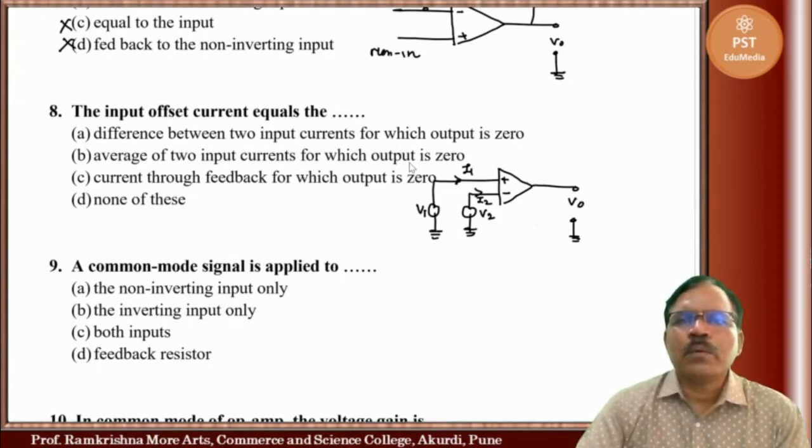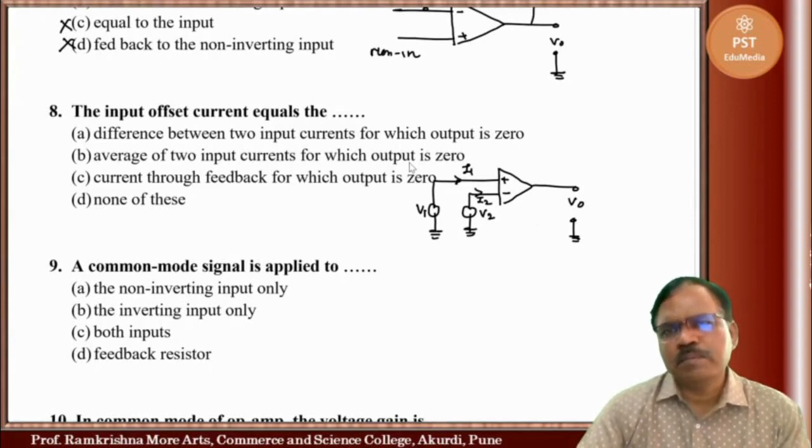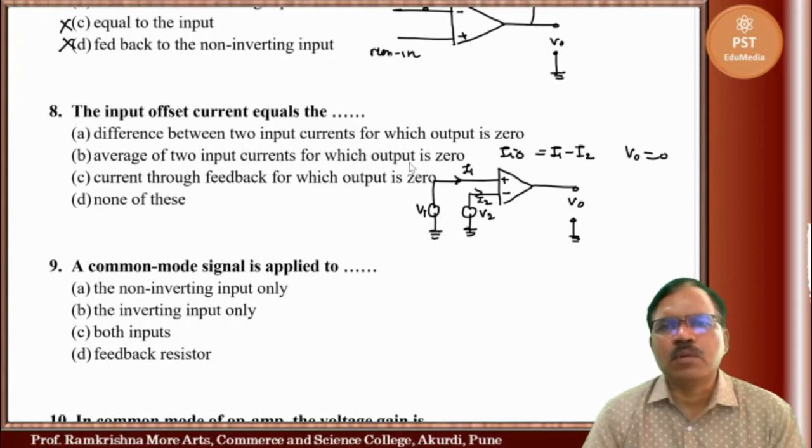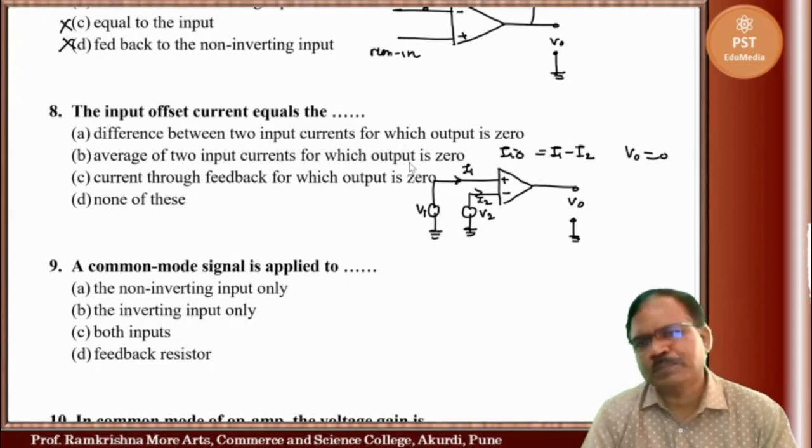Now if we measure output voltage and if V0 is equal to 0, what is the difference between input currents? That is called input offset current.